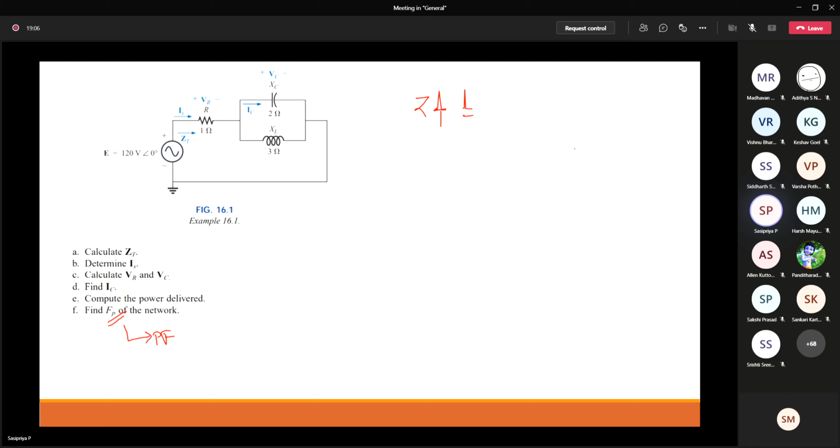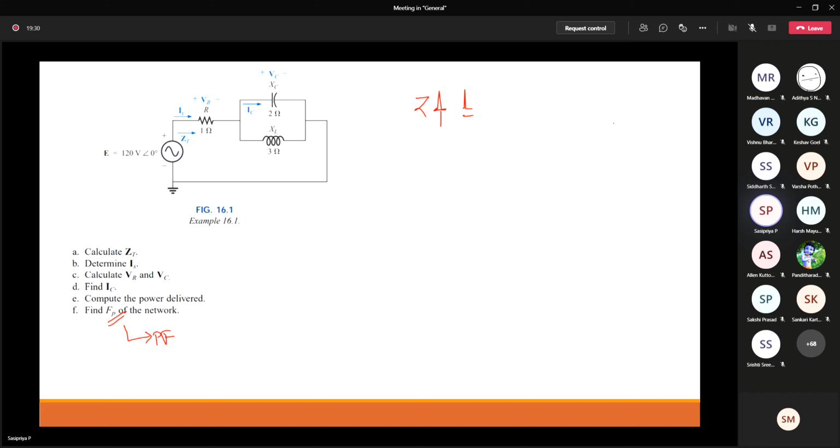That's much easier compared to any other methods. Instead of going for mesh analysis, nodal analysis, all those things, it is easy to find the equivalent resistance for the total network. I gave that question based on that idea, but most of you tried different methodologies. Let me come back here.